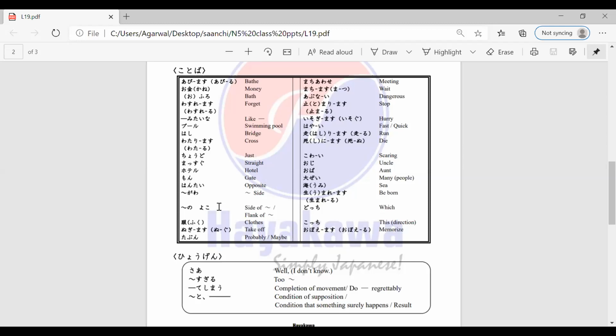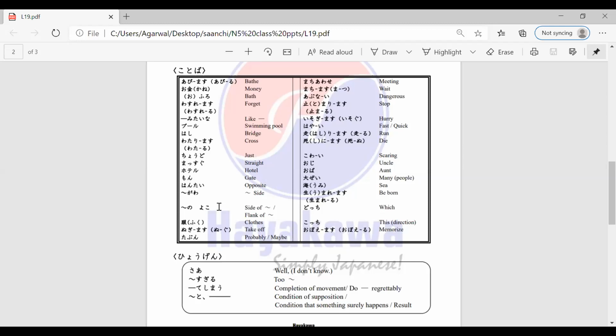The next word is machiawase, which means meeting. The next word is machimasu, which means to wait. Machimasu or matsu.